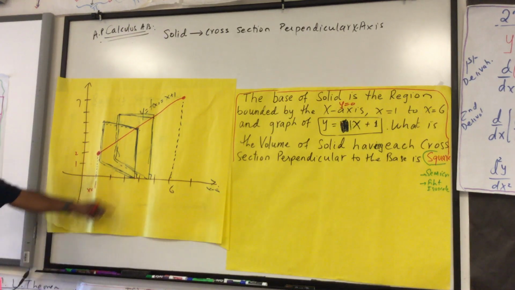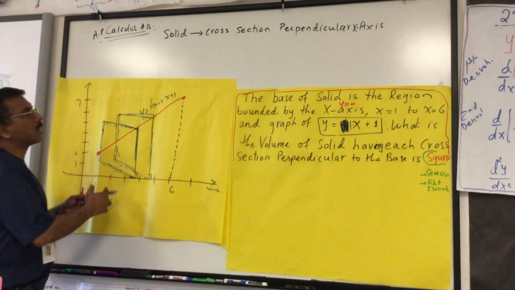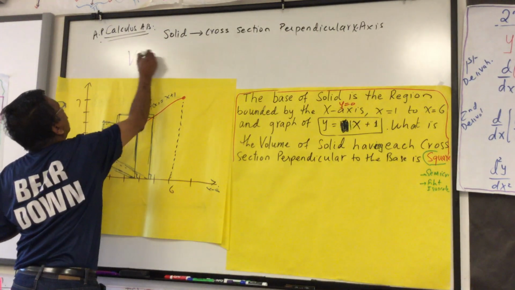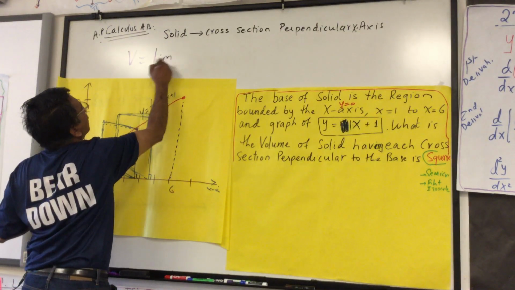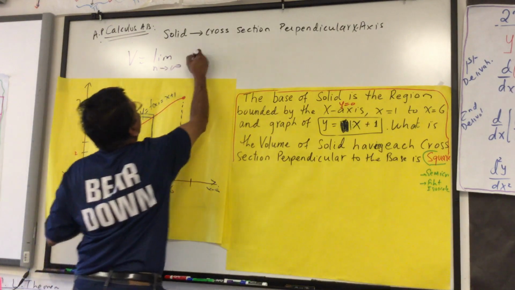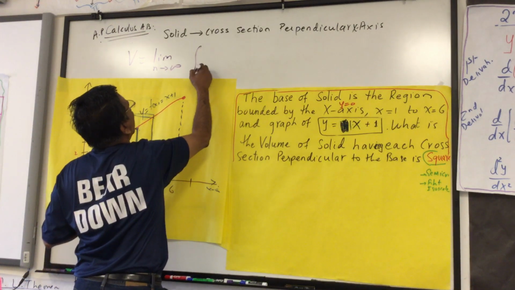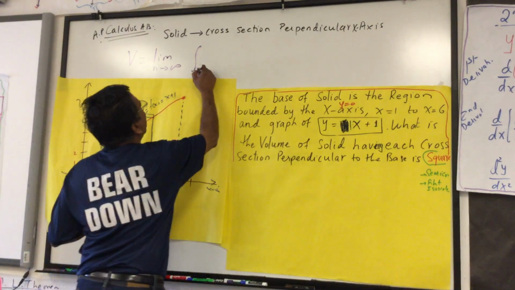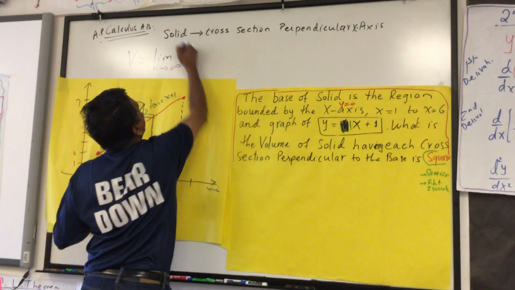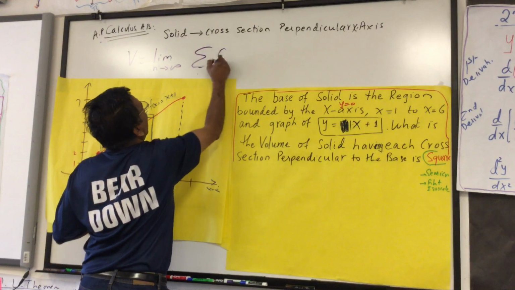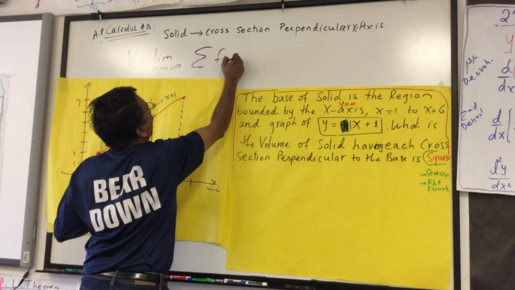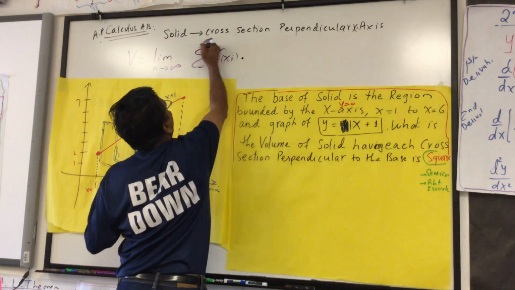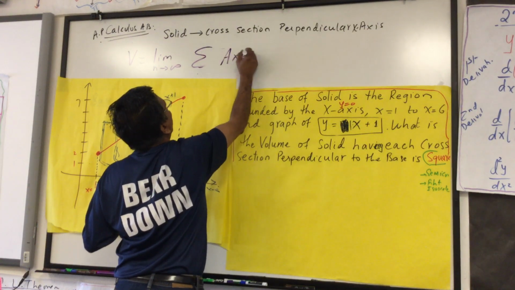We are going to add all these areas of the squares which are perpendicular to the x-axis and add them up to figure out the volume. The formula of volume is actually the Riemann sum. I can write from 1 to 6, or a to b, a summation of the area, f of x_i, times the width, delta x_i, with i from 1 to n.